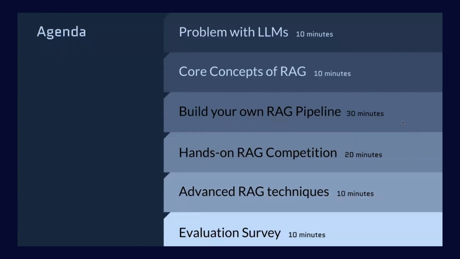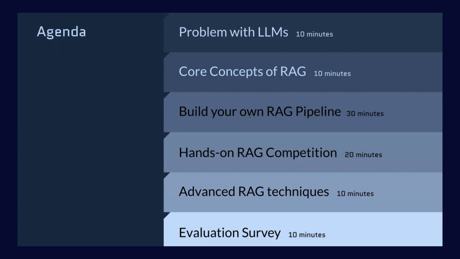Okay, so first we're gonna cover some problems with large language models to see the motivation for why you would use RAG in the first place. And then we're gonna go into the core concepts of RAG just to get some of the terminologies right.